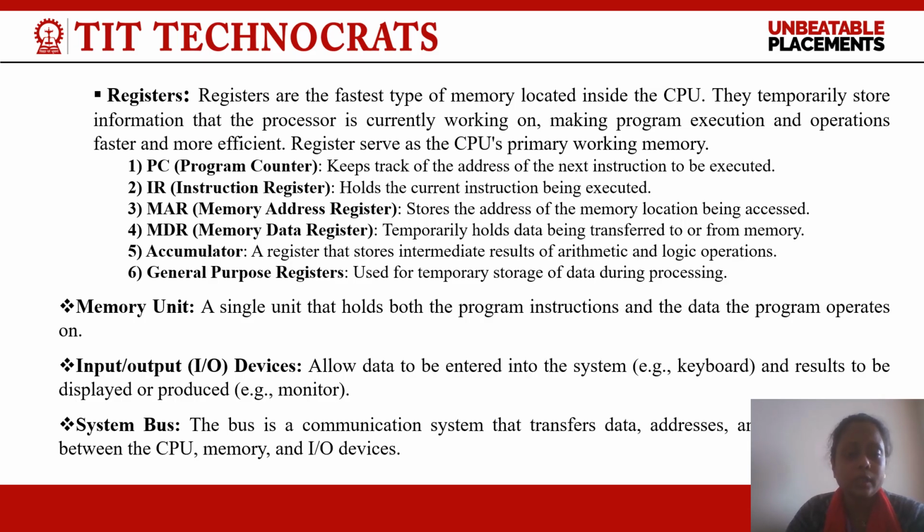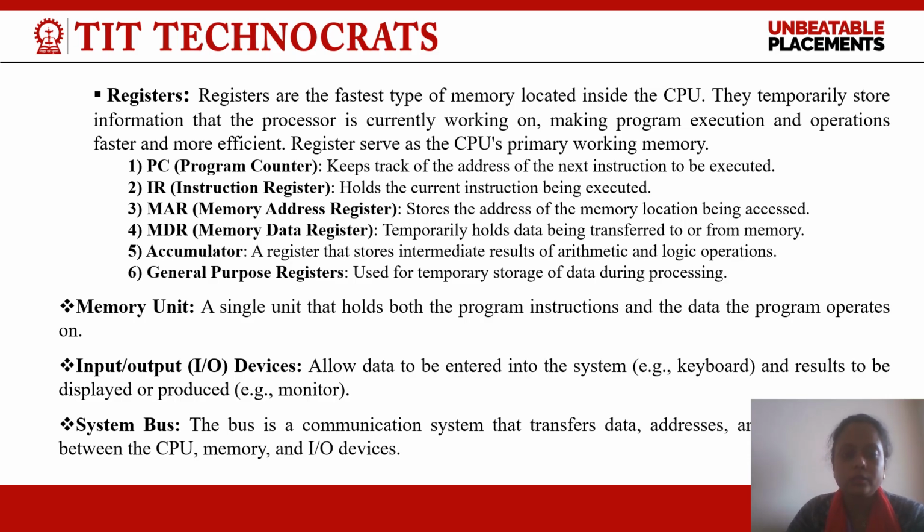So, the PC, or program counter, also called the instruction pointer, holds the memory address of the next instruction to be fetched and executed. The instruction register holds the current instruction that is being decoded and executed by the CPU.